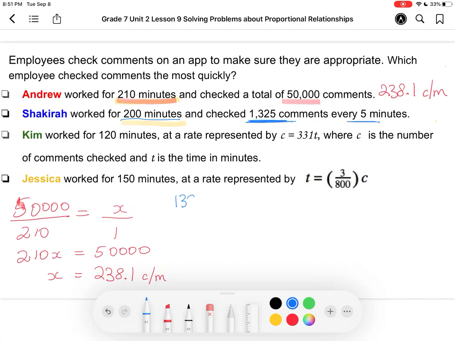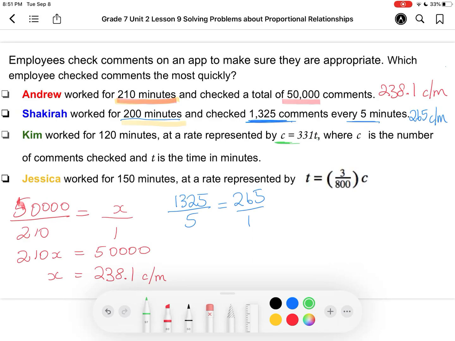Next we have Shakira, and she worked for 200 minutes and checked 1,325 comments every 5 minutes. So 1,325 in 5 minutes. And again, I can cross multiply or just divide and get 265 comments in 1 minute. So 265 comments per minute. Then there's Kim, and we're given an equation.